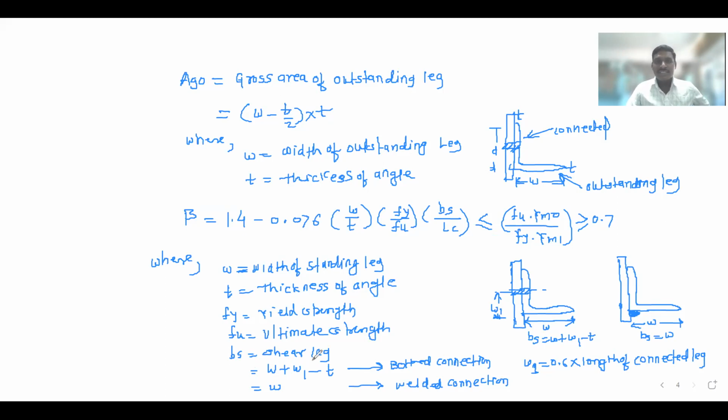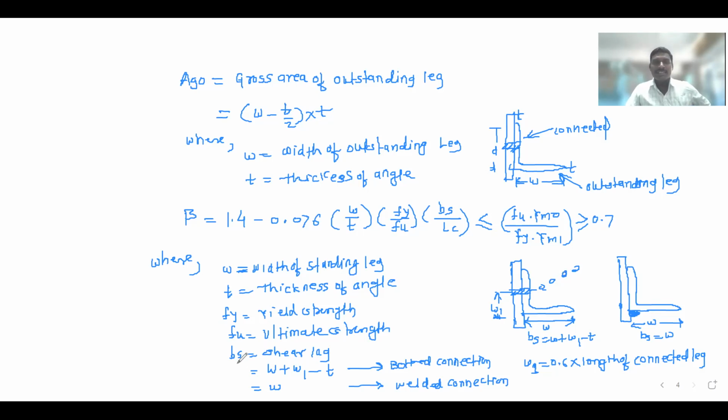Bs is nothing but shear lag. Shear lag means the load is not transferred uniformly from the first bolt to the last bolt. The force from first bolt to the last bolt is not uniform, so the angle does not carry a uniform load.